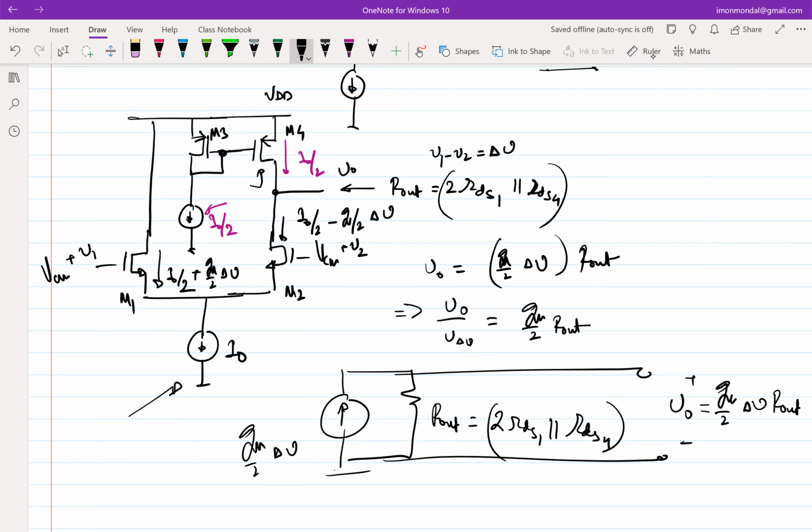The left branch, right? This branch here has a quiescent current of I0 by 2. So why waste? That current is anyway flowing, I0 by 2, just mirror it from there. You need not have another current source.